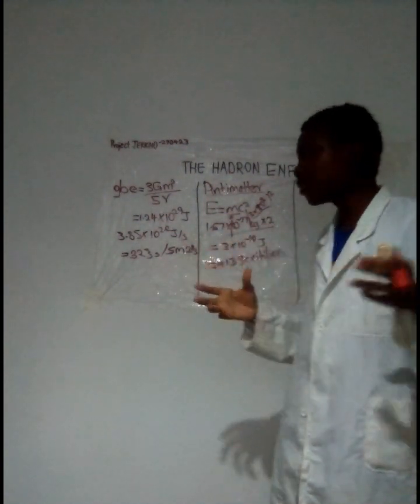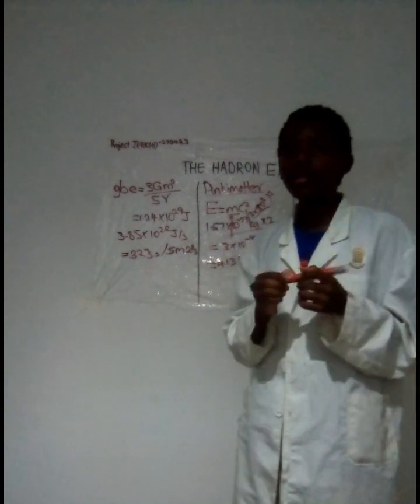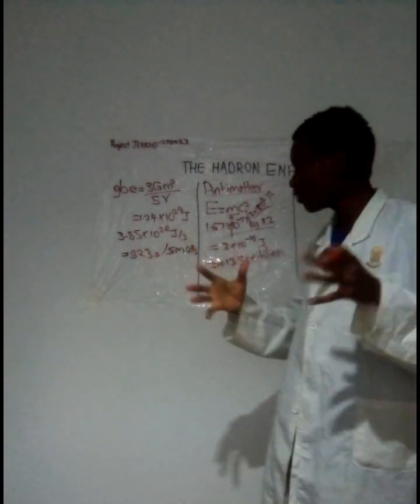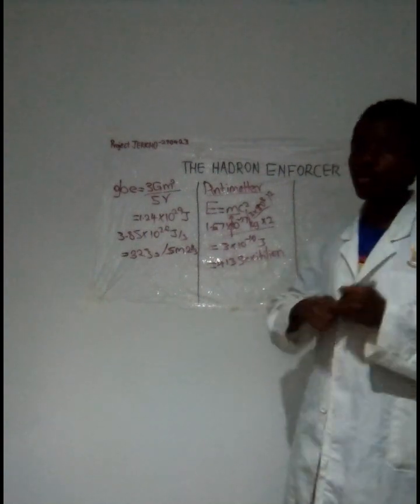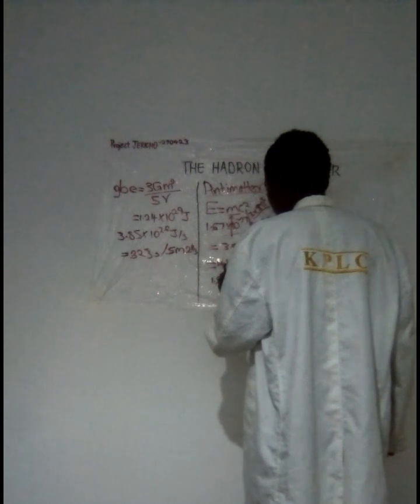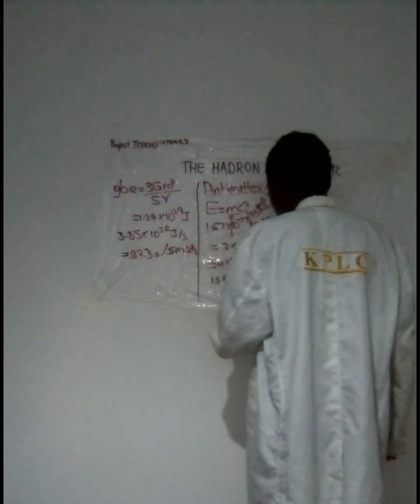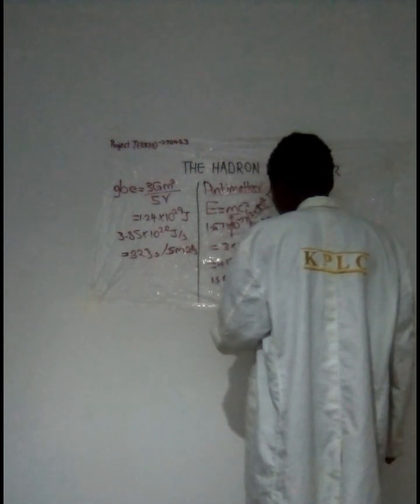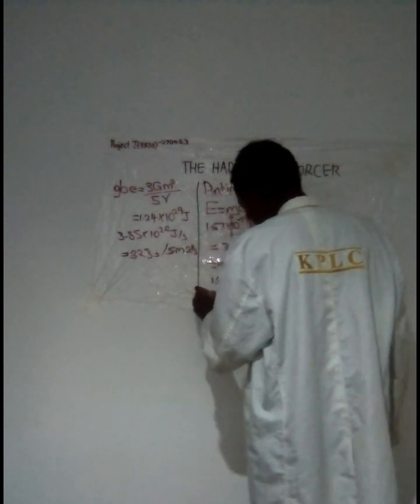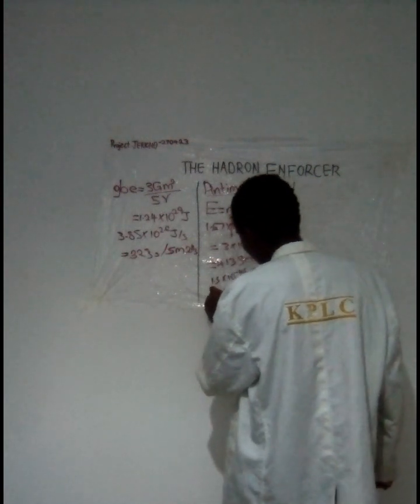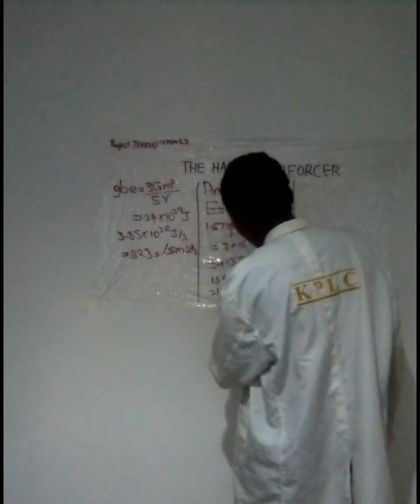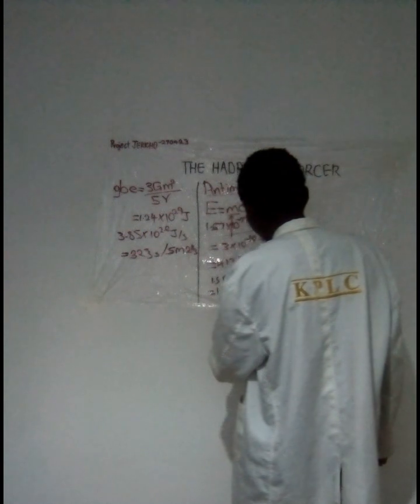But let's say we can pack them close enough, in which the volume of one proton or one antiproton is about 1.5 times 10 to the power negative 45 cubic meters. If we multiply this and this, we get approximately 1.03 times 10 to the power negative 6 cubic meters.